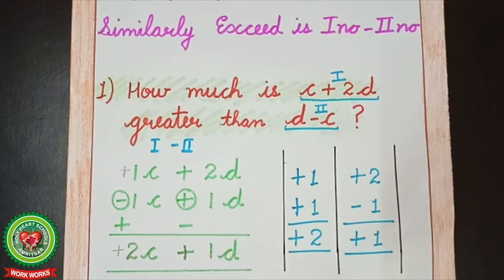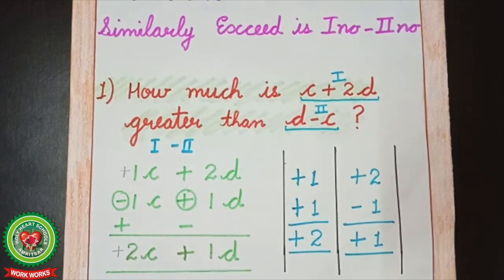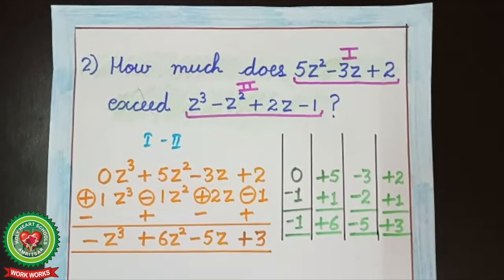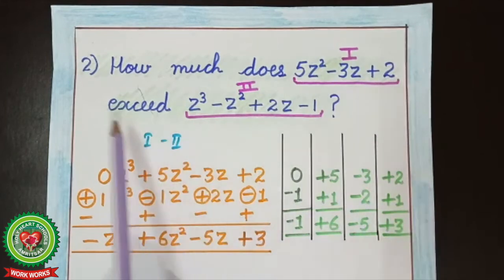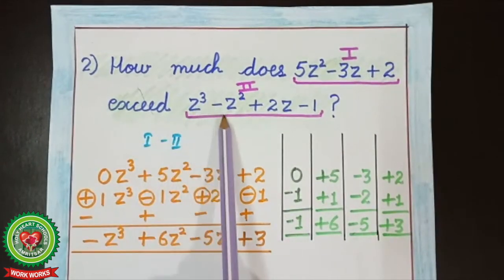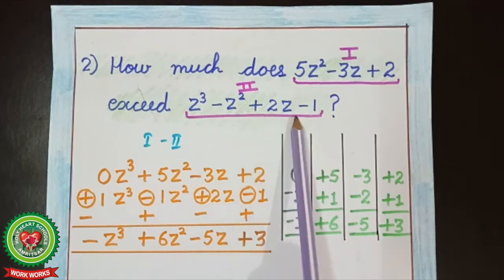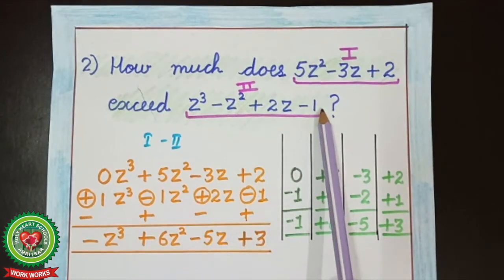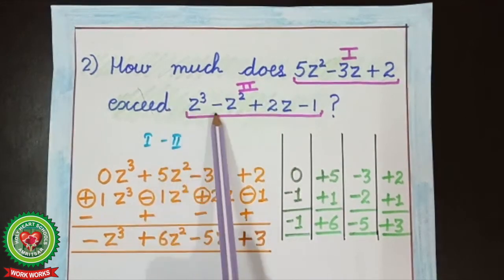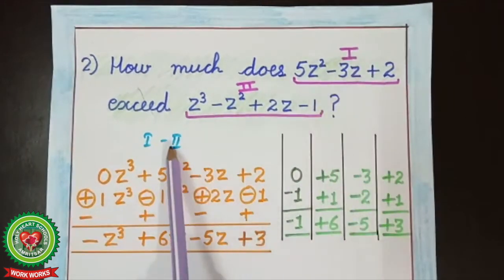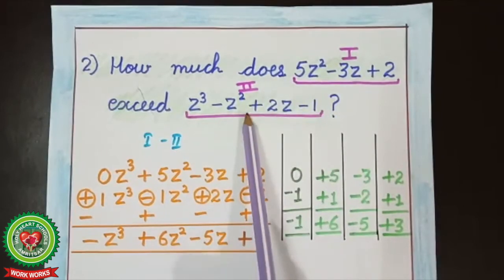Alright, now move to the next example. Let's read the second statement. How much does 5z square minus 3z plus 2 exceed z cube minus z square plus 2z minus 1? Now what to do? Exceeds means the same, that means greater. So we will follow the same pattern, that is first minus second, right?